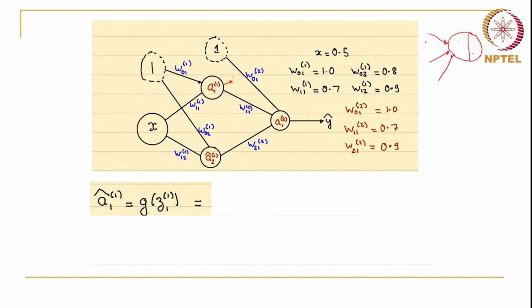Let's call that Z. Z is the linear part or the linear sum, basically sigma of Wi xi from the input. And A is the non-linear output, the non-linear function applied on Z.